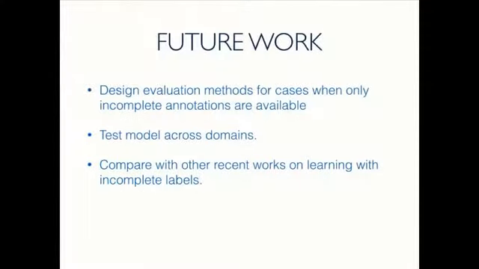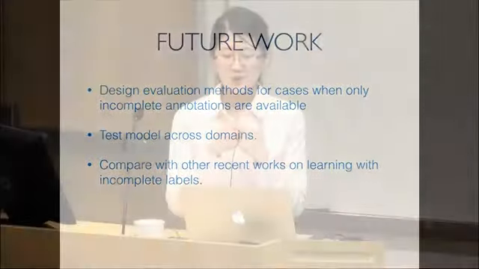It performs by enforcing soft constraints on the classifier output. As future work, we would like to design better evaluation methods, especially for catering to the cases where we only get incomplete annotations. And also we want to test the performance of our model across domains. At last, we should compare to some of the recent machine learning work on learning with incomplete labeling. Great. Thank you very much.